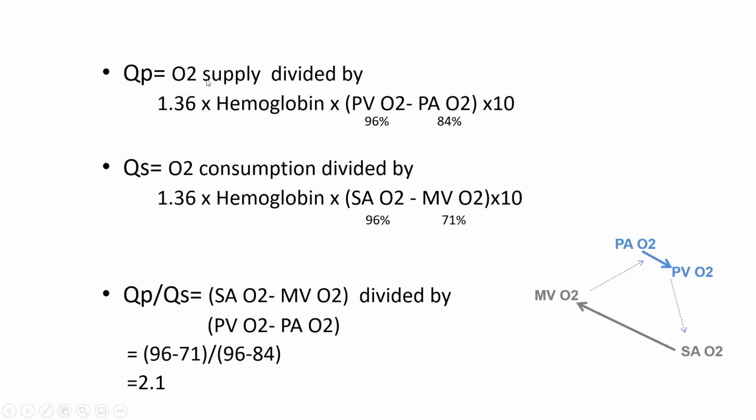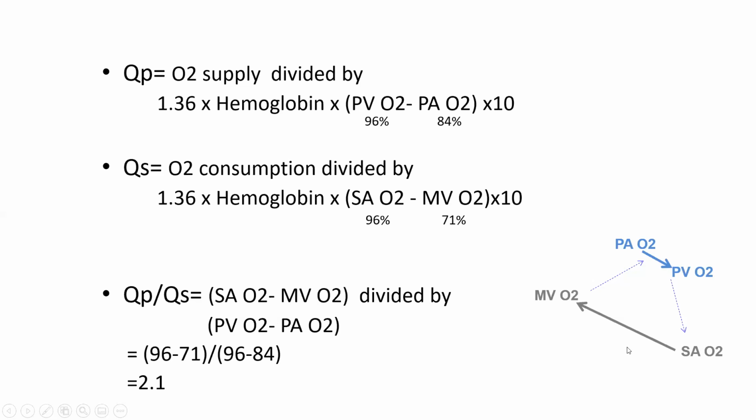So that's why those two numbers, O2 supply, O2 consumption, are equal. So when you do QP/QS, it eventually turns out to be systemic sats divided by pulmonic venous sats, by the pulmonic sats. So QP/QS, systemic divided by pulmonary when it comes to sats, okay? Keep that idea in mind, it's very important.